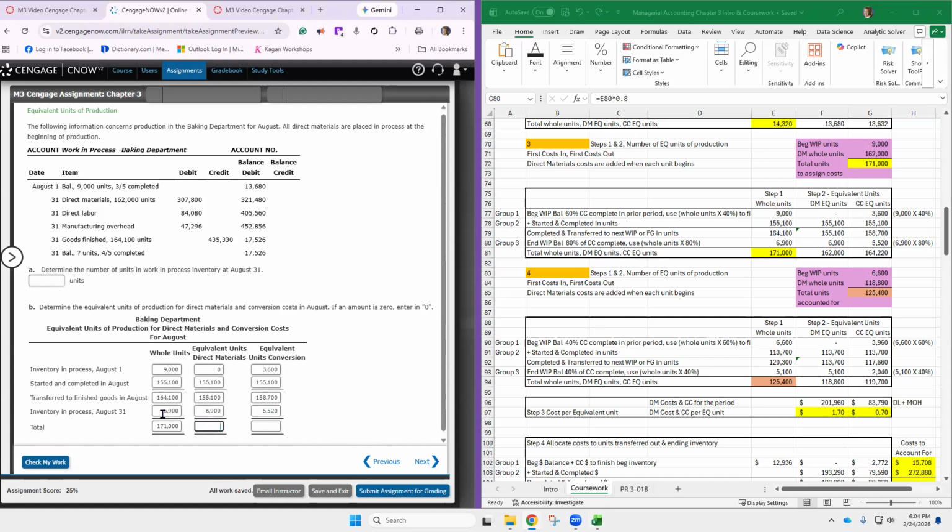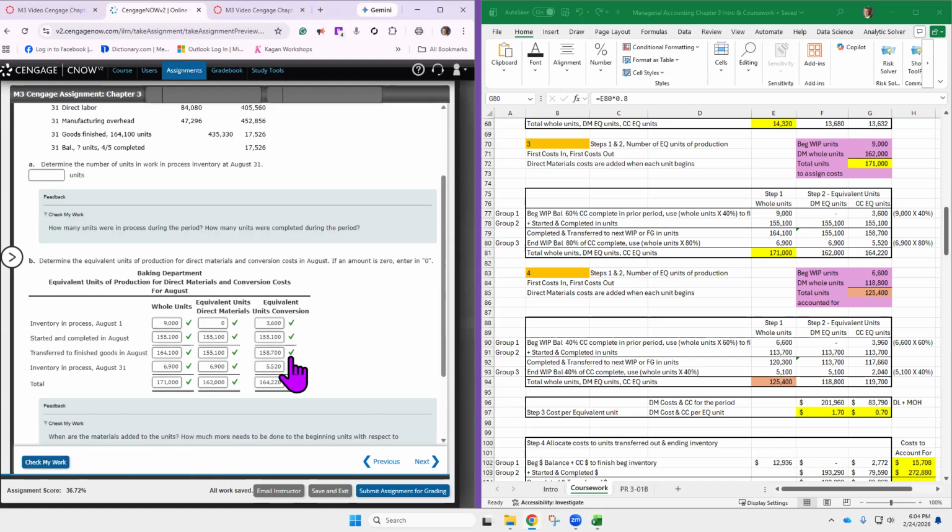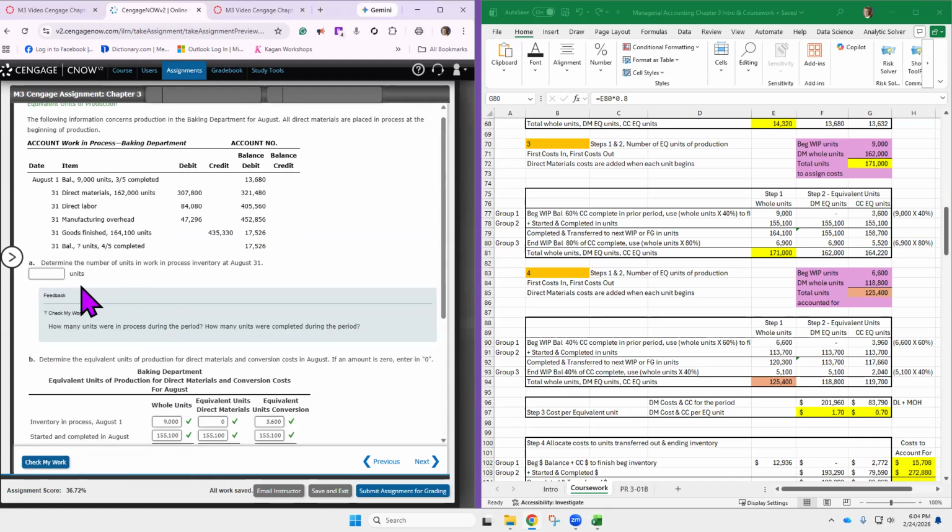And then you just add these two lines. Don't add them all or you'll have all kinds of troubles. So we're going to add down: 162,000 and 164,220. Now, determine the number of units in work in process inventory at the end.